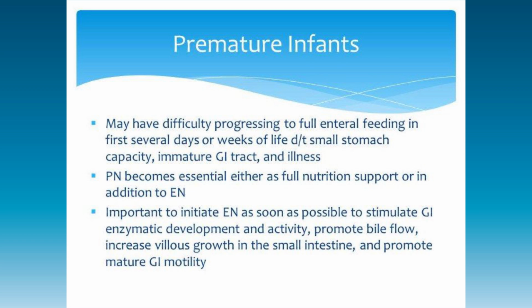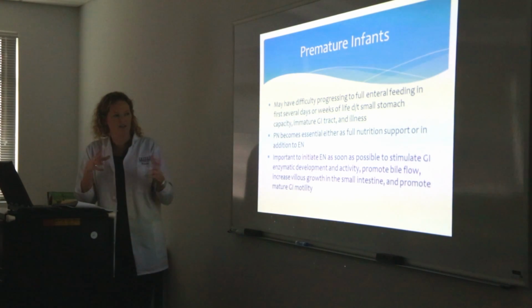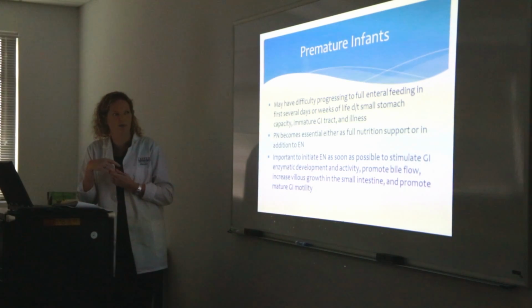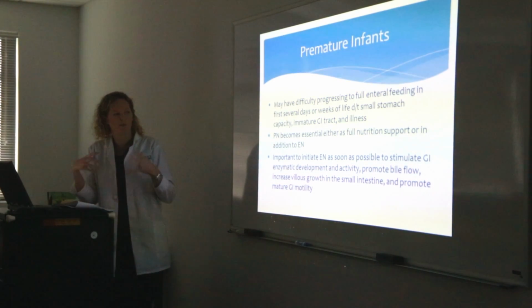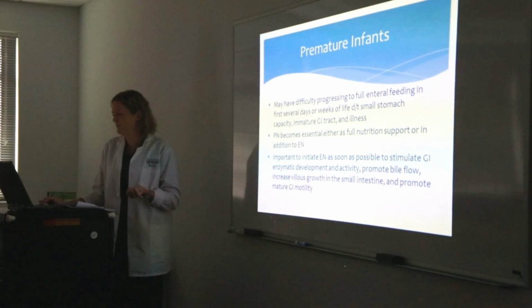And of course, we want to get them started on enteral as soon as possible, just to stimulate those GI enzymes. It helps to promote bile flow so they don't get cholestasis, the backup of the bile. It helps to increase the villus growth in the small intestine, and then promotes mature GI motility. So as soon as possible, we want to get some enteral nutrition started, which can be breast milk or formula.